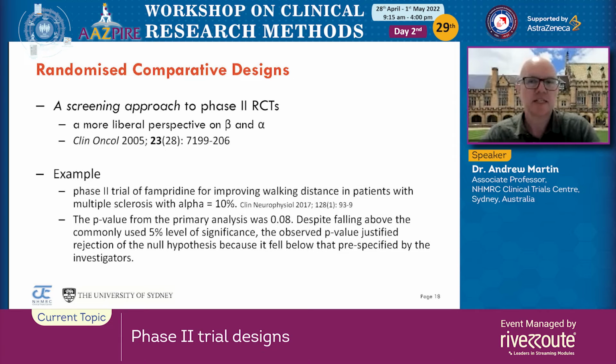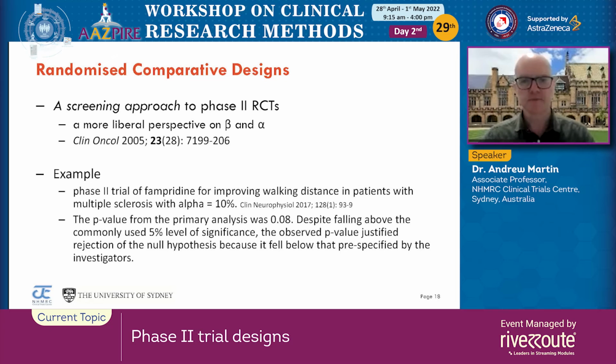So in phase 3, alpha and beta are typically small values that are widely accepted, but in phase 2 there can be some wriggle room, and so the bigger these are made, the smaller the sample size need be.